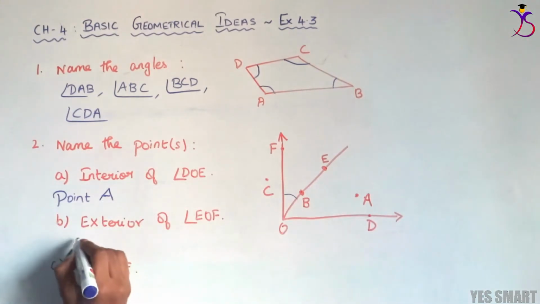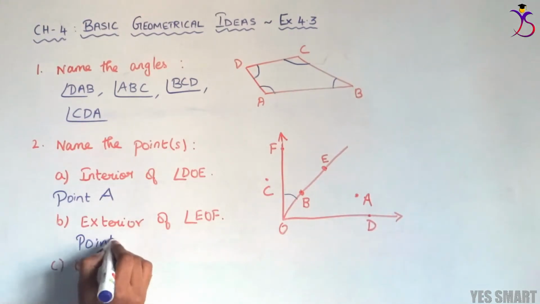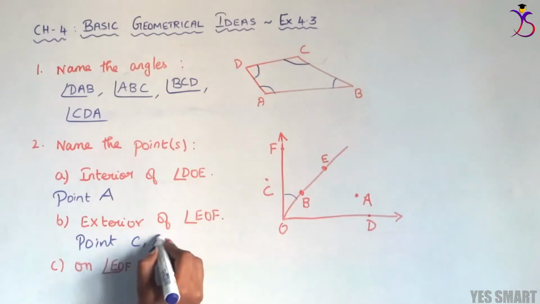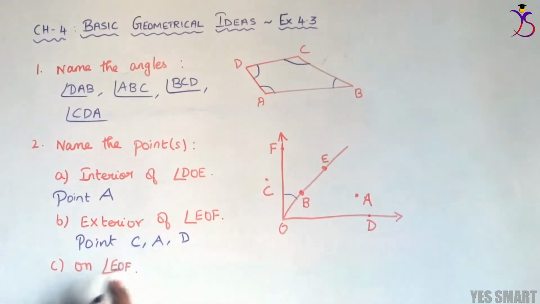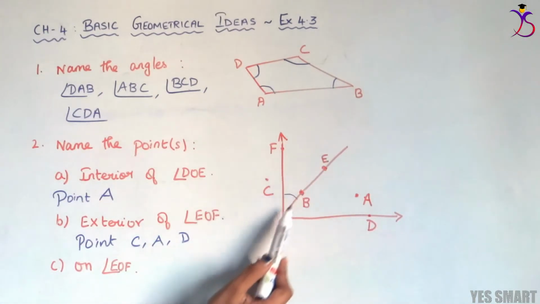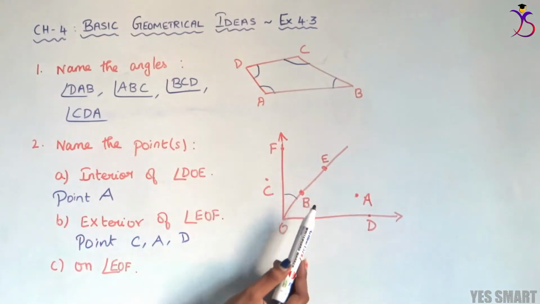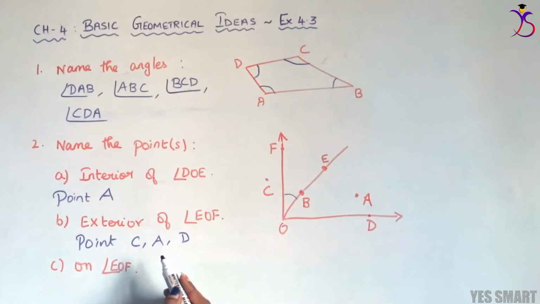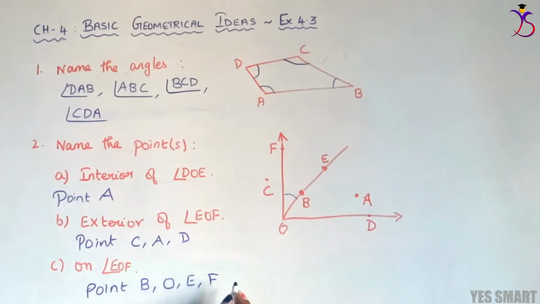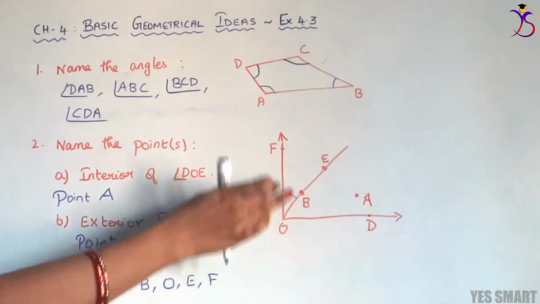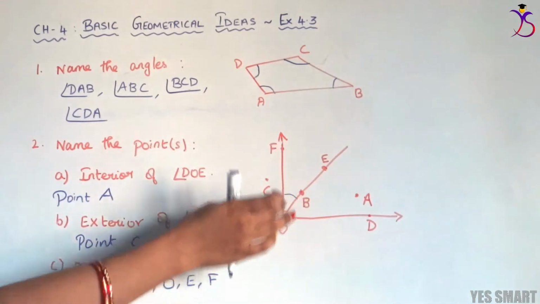So the answer would be points C, A and D. On EOF: any point lying on this angle EOF, we are supposed to write, which is point B. Along with point B, we have O, E, F, because points O, E, F also lie on the angle EOF.